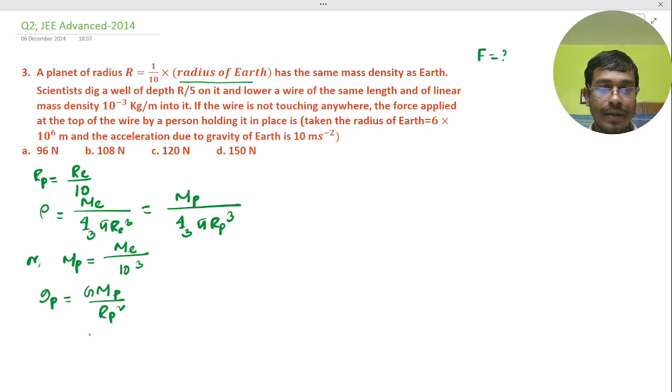So G M planet by r planet square. Basically that would become the value g here for earth, r means tens, and that becomes 10 to the power 3.